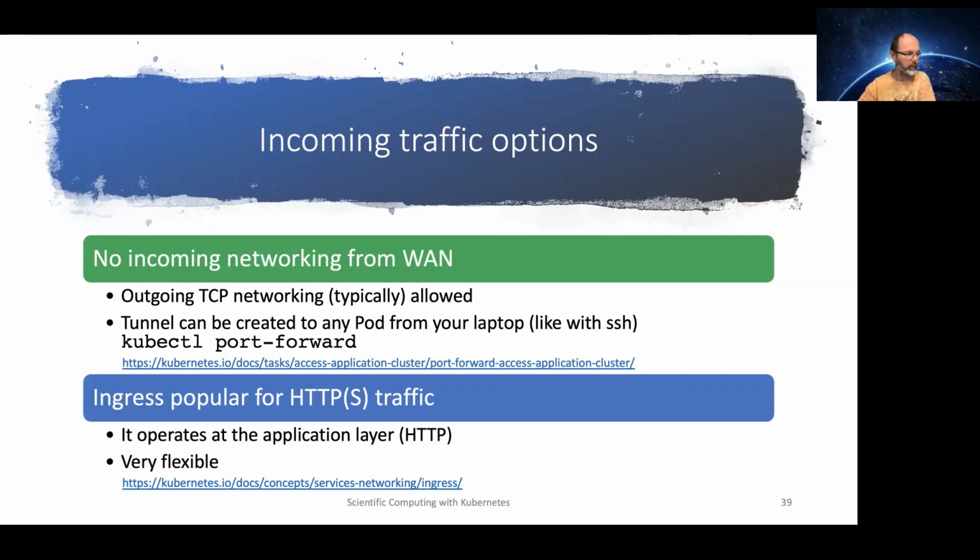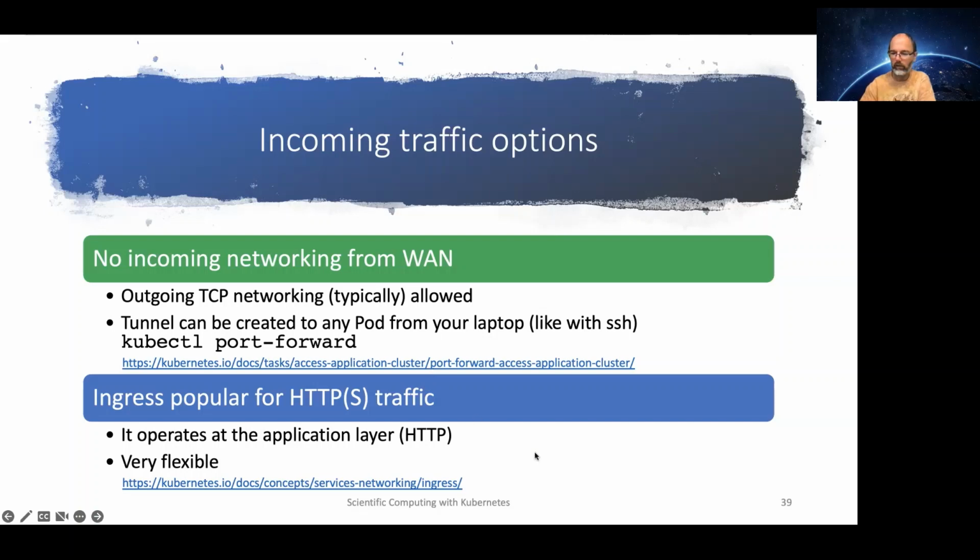However, for debugging purposes or interactive views, you can create a tunnel using port forwarding, very similar to what SSH does. And again, kubectl is what does it. You do kubectl port-forward, and it creates a tunnel that you can use to tunnel the data from wherever you run port-forward to any pod you own. And again, not much detail here, but you can read about it at the link.